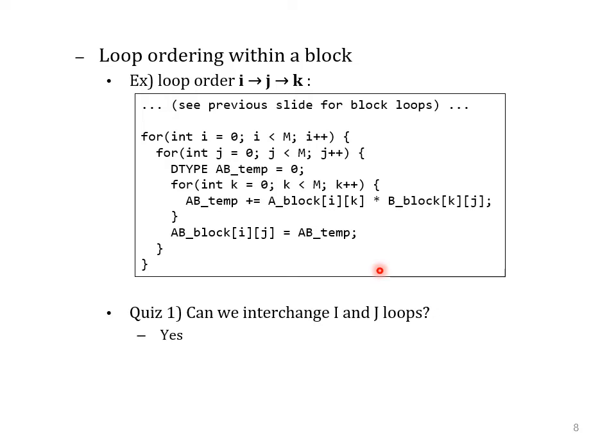If we change the location of i and j loops, the only difference is that we're going to get the AB block in a different order of i and j. There's no difference in the final value, right? Okay, so the next question, can we interchange j and k loops and still get the correct result?